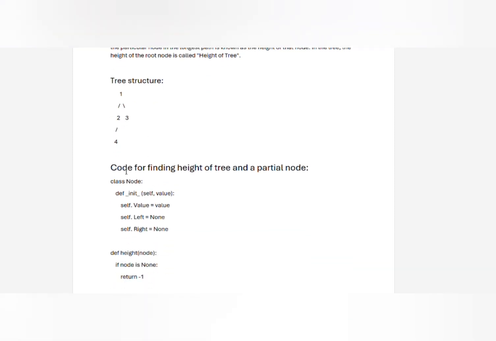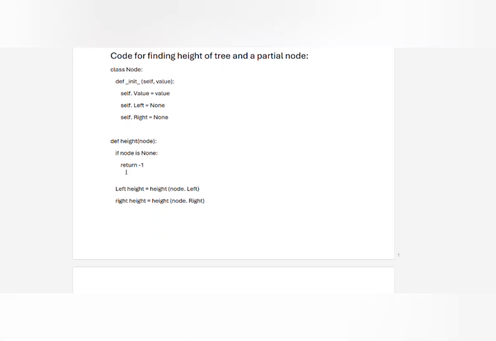And let's see the code. Let's break down this code now. This defines a node class to represent each node in the binary tree. Each node has a value and pointers to the left and right children, which are initialized as None.